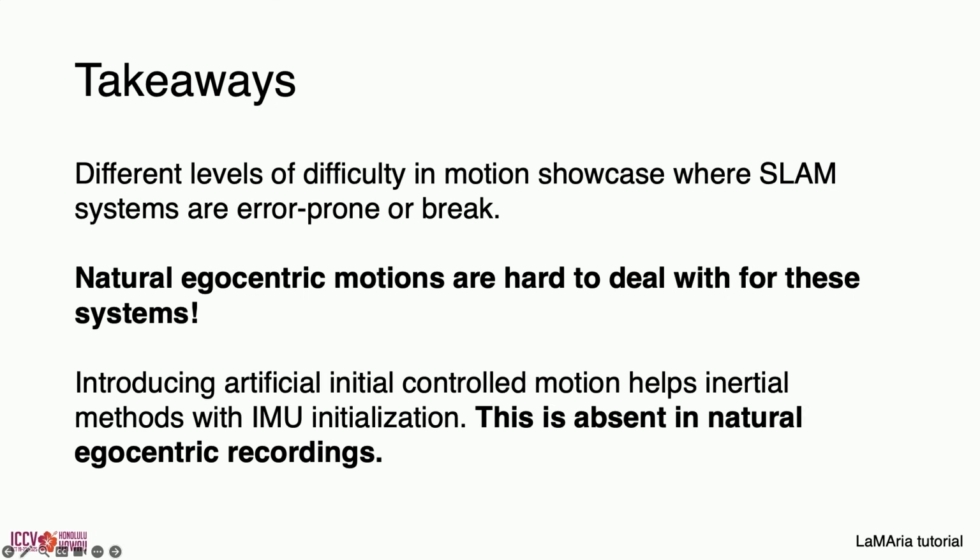Another takeaway from this set is that introducing this artificial initial motion actually helps inertial methods with IMU initialization. But this is absent in natural egocentric recordings, because the glasses are worn and you just start walking. You don't have this artificial motion. So this was another takeaway from this controlled experimental set.